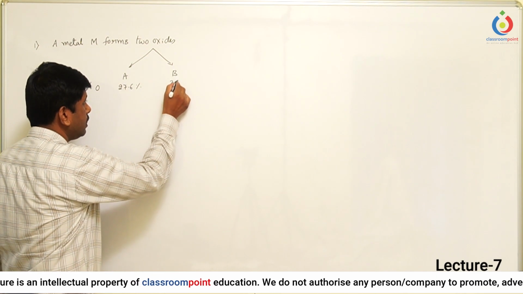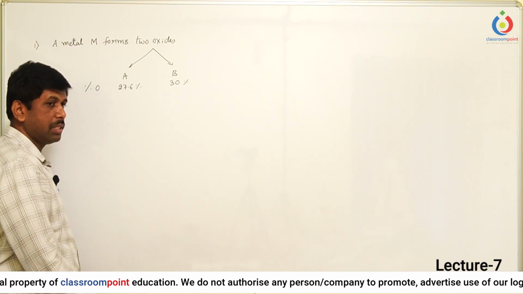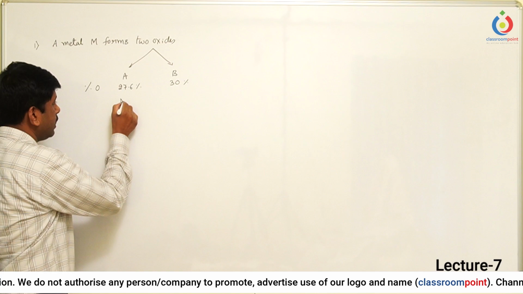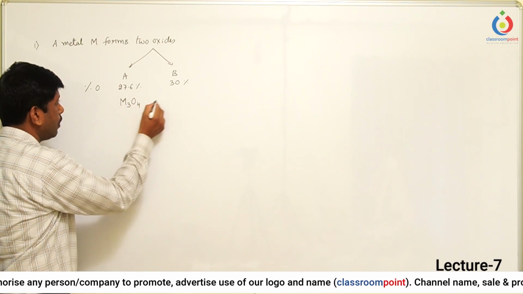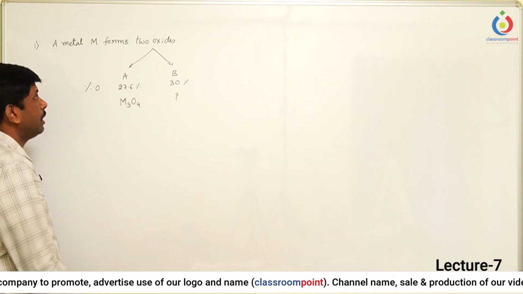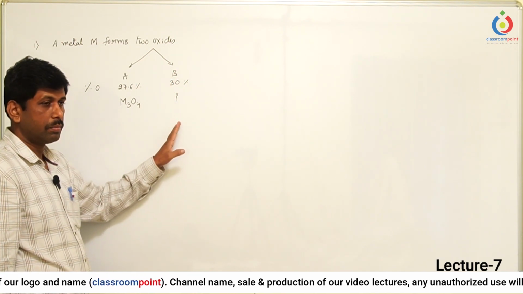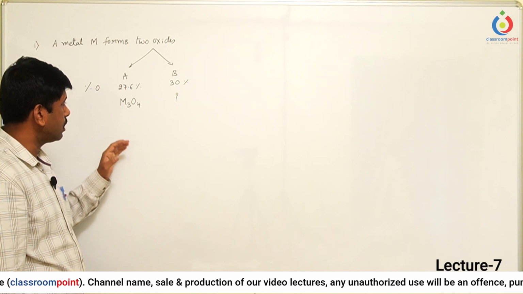In oxide B, 30% oxygen is present. The formula of oxide A is given as M3O4, and they are asking what would be the formula of the metallic oxide B. So let us try to solve this question.